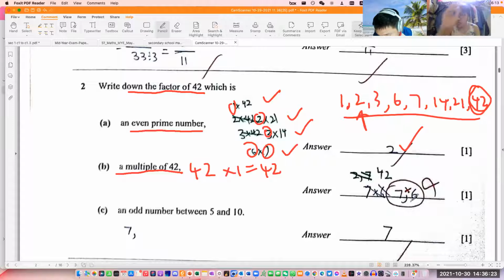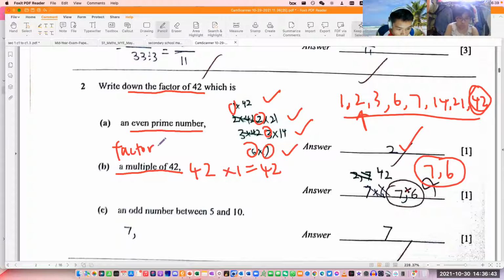This, okay, you write what? You write 7 times 6, is it? Or you write 7, 6. What do you write here? 7, 6. Okay, so 7, 6 is actually the answer if they ask you for factors of 42.